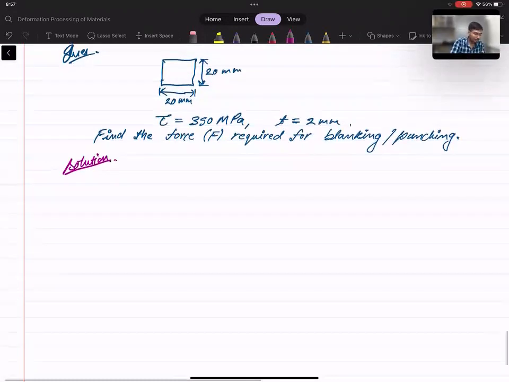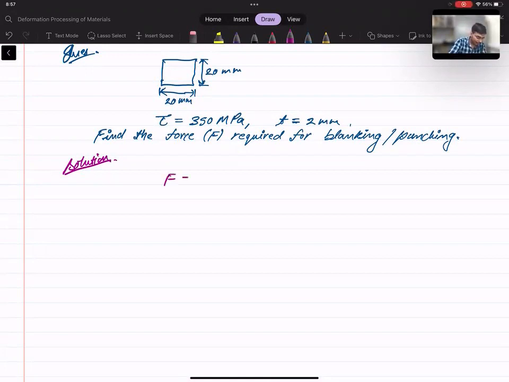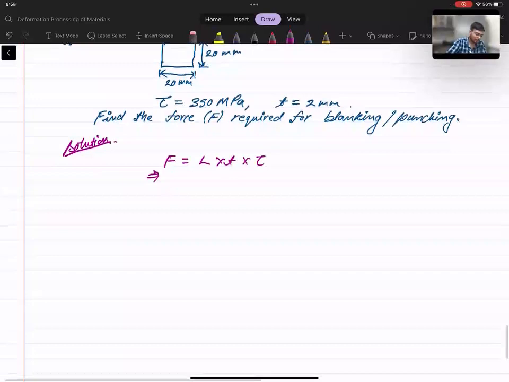We should not directly put 20 as the length. The force is given as L into T into tau. Since tau is given in megapascals, if we put the length and thickness in mm, the product will be in mm square, and MPa is nothing but Newton per mm square. So it will cancel out and we will get force in newtons. If we convert the shear strength to pascals, then we need to put the dimensions in meters. So keep in mind the units while solving numerical problems.